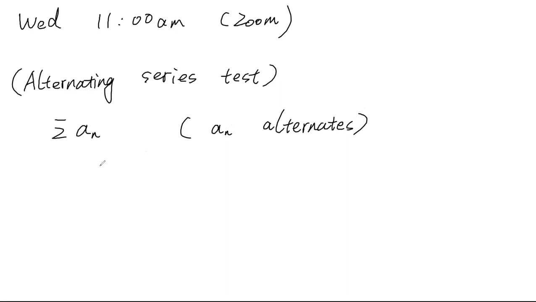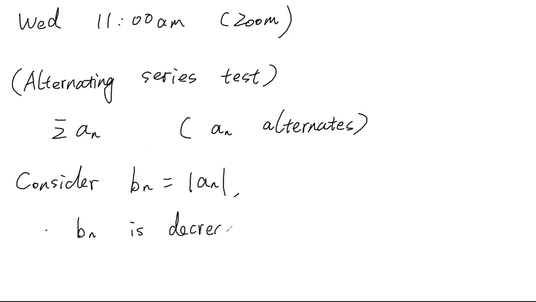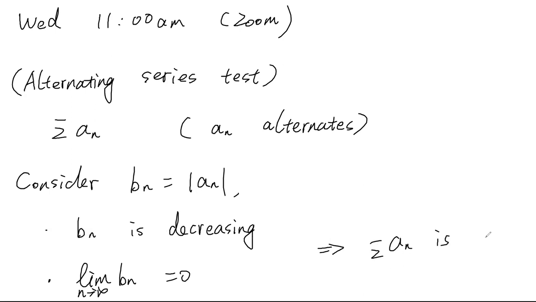in order to determine whether this series is convergent or not, we will look at its absolute value. We will consider the sequence Bn, which is defined to be the absolute value of An. If Bn is decreasing, as well as the limit of Bn is equal to 0, if Bn satisfies both conditions, then the series An is convergent.